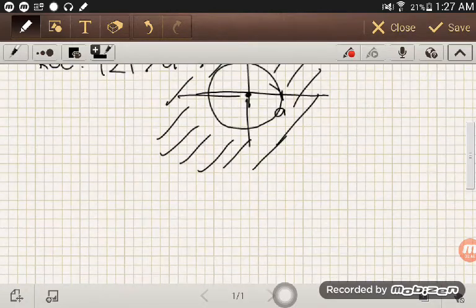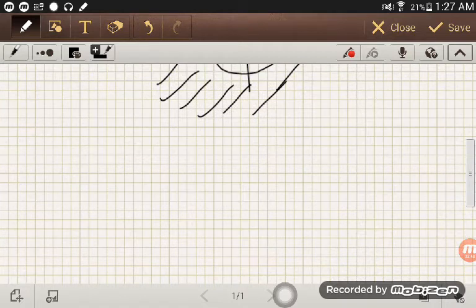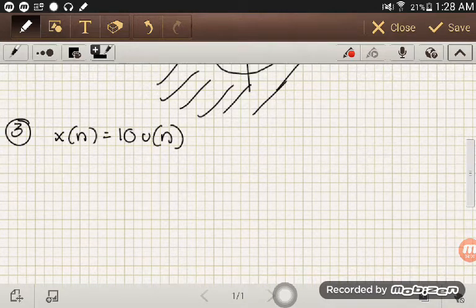So, last example for this topic, and then I'm going to give you some exercises that you can answer by yourself. The example is x(n) equal to 10 u(n). Writing the generic equation for X(z), the Z transform, is the summation of n equal to 0 to infinity of x(n) z^(-n).